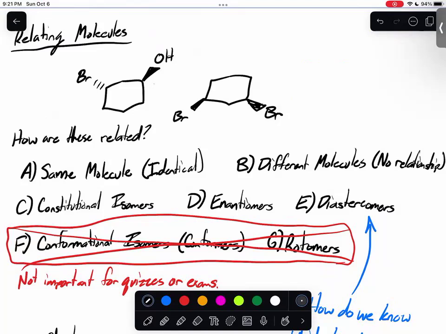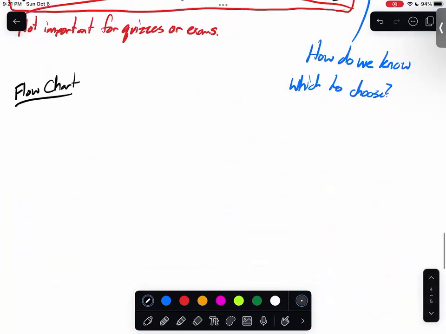The first thing I want you to say is, okay, looking at these two structures, what is the molecular formula? Right? Which seems really silly because the molecular formula is kind of one of the simplest things to look at. But that's why we're starting here, is because it's very simple.